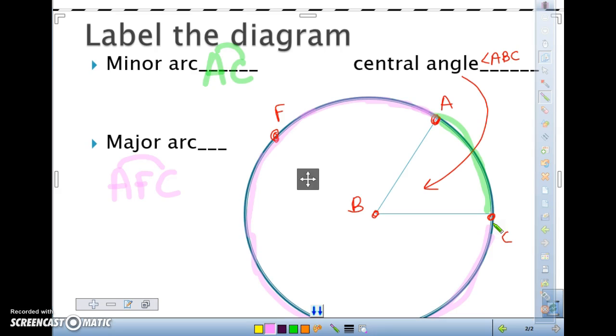The other important thing to note is that an arc's measure is the same as the central angle that it is cut off by. So you might want to write that over in the left-hand column as a little tidbit of information.